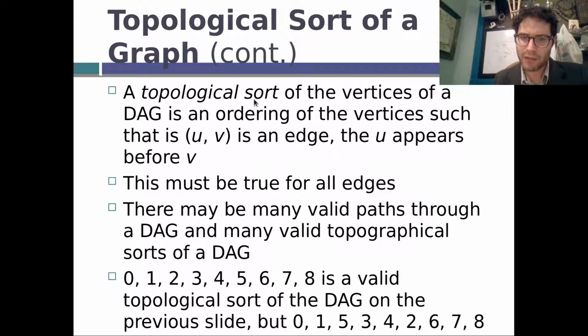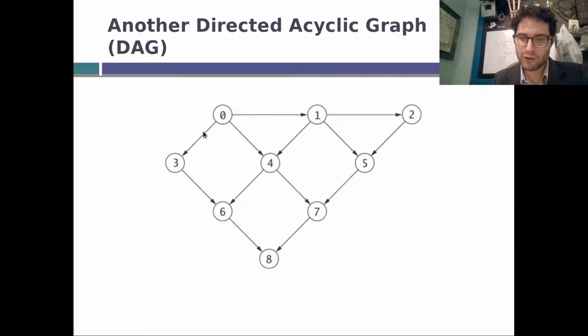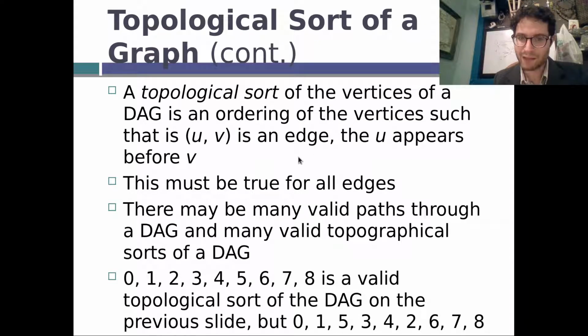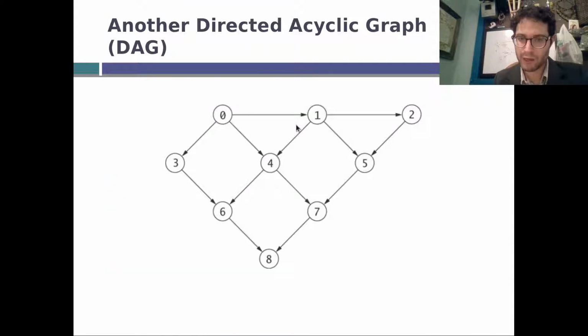Now, a topological sort is an ordering of all the vertices in a directed acyclic graph. So it's a way that we can order all these nodes. And the ordering has to be such that if there's an edge between the first node and a second node, right? If there's, for instance, an edge between 0 and 4, then 0 has to be before 4 in our ordering, right?